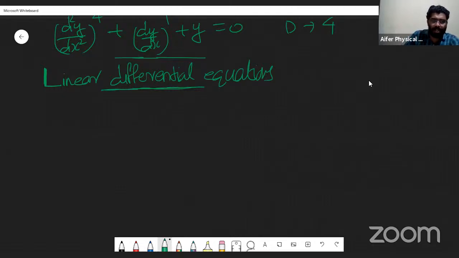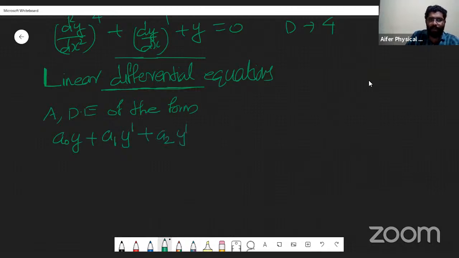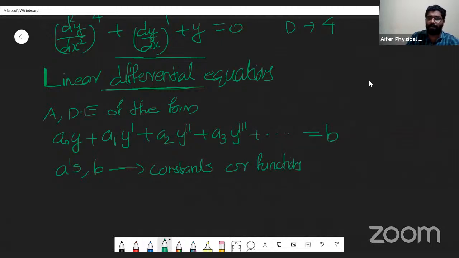Linear differential equation: a differential equation of the form, say this is a general form, a0 y, you should be very careful about this, plus a1 y prime plus a2 y double prime plus a3 y triple prime, etc., equal to some b, where these a's and b, a0, a1, a2, may be constants or functions of the independent variable.